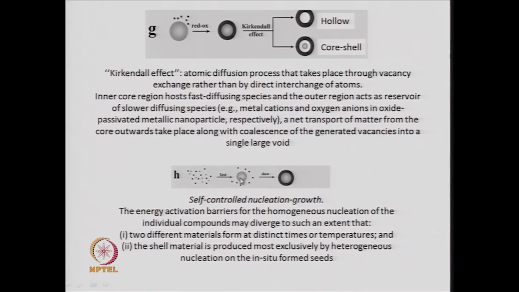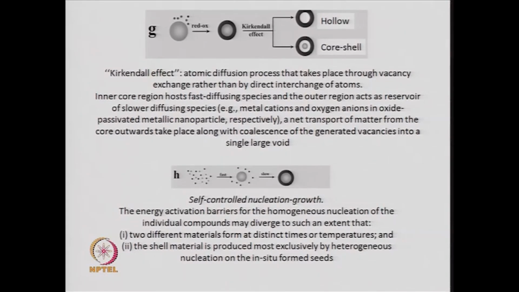This acts as the seed for the formation of the shell, denoted by these dark small spots, and so you ultimately get this dark shell on top of the light gray sphere. So, by self controlled nucleation growth mechanism you can make a core shell structure.